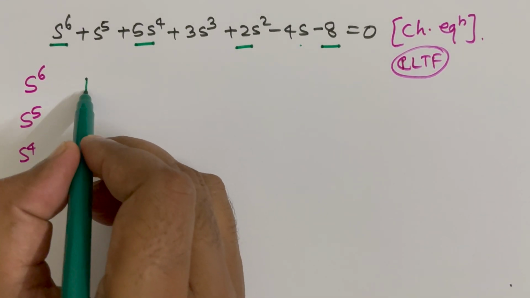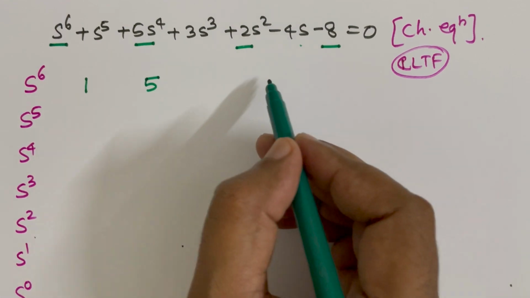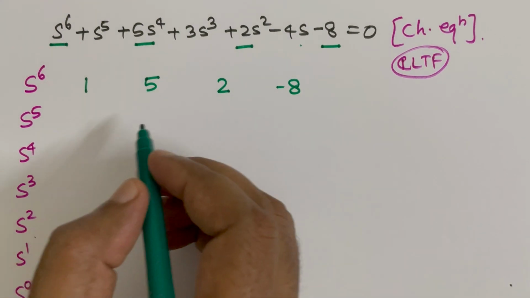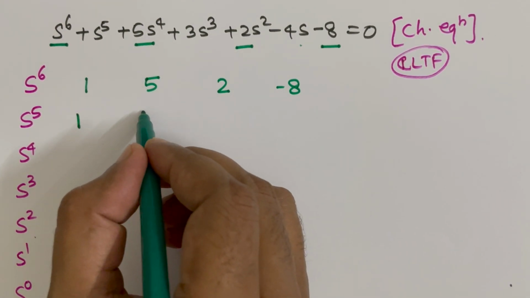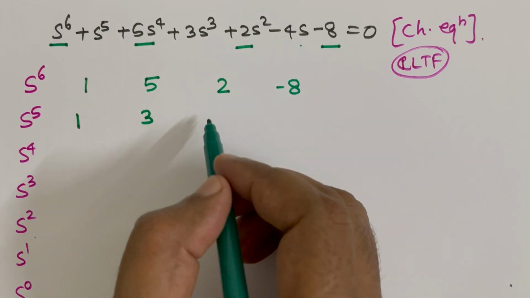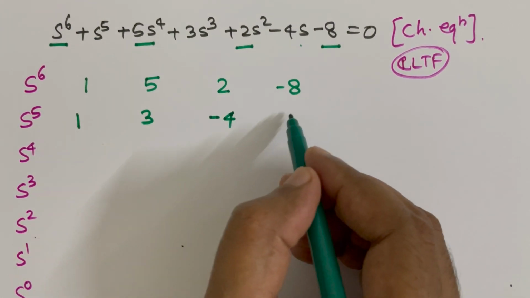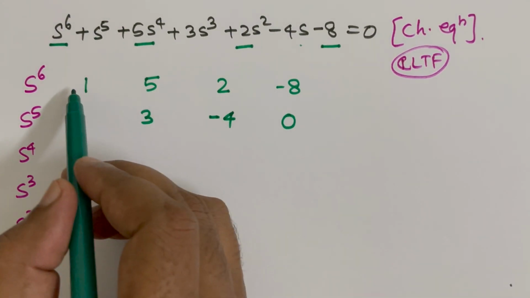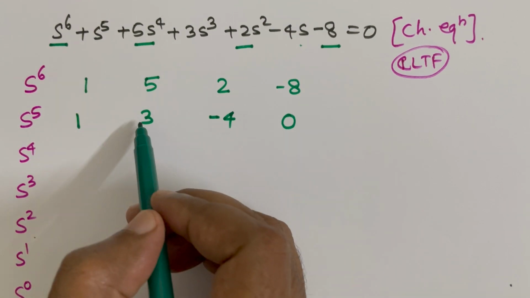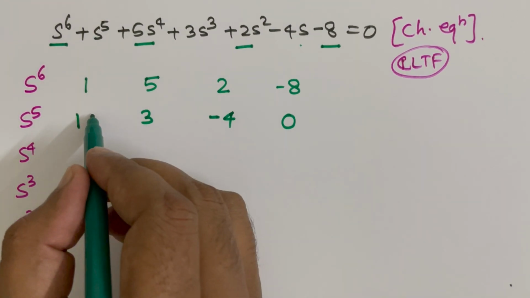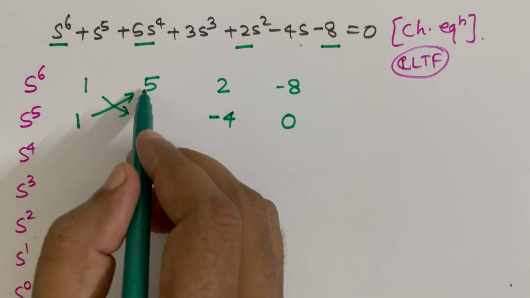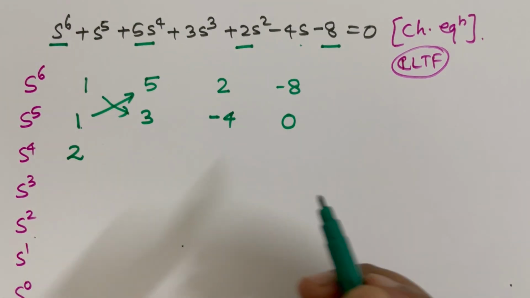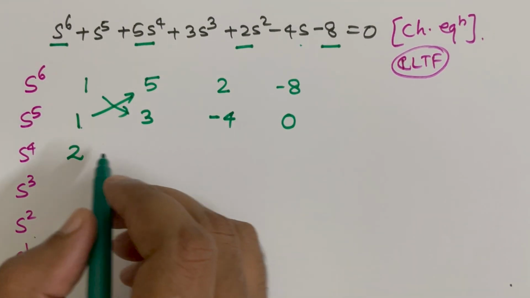Here we can write 1, then 5, 2, and minus 8. Then we can write 1, 3, 1, 3, minus 4, and 0. Now we multiply 1 into 5, 5 minus 3, divided by 1, so that is 2.